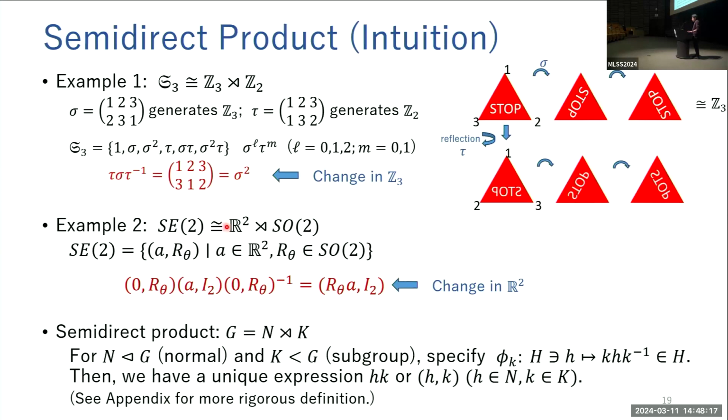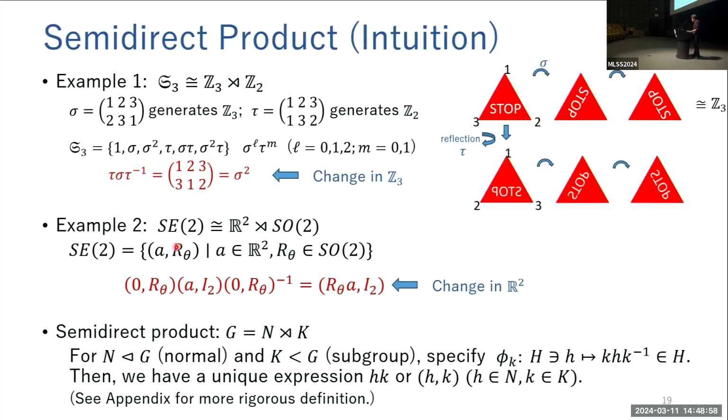This type of twist explains the non-commutativity, of course, and is also used as a definition of semi-direct product. In the semi-direct product, if we apply the twist of sigma by tau, it makes not the identity, but some translation within Z3. So that explains the non-commutativity of this pairing of sigma and tau.